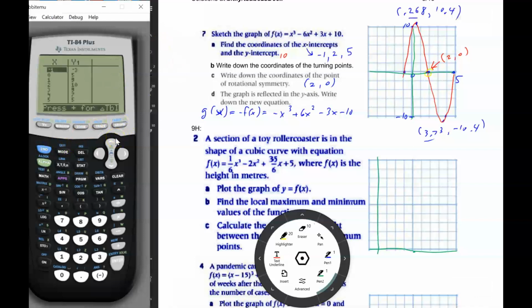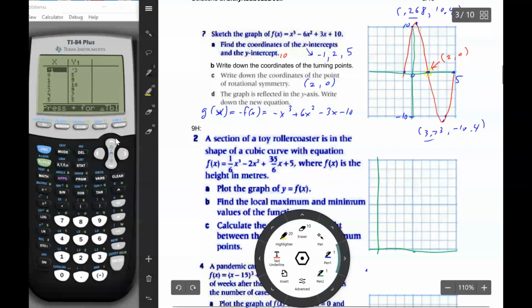So for example, negative 1 comma negative 3, that's off my screen, right? It's down here. 0 comma 5, that's here. 1 comma 9, that's here. 2 comma 10, that's here. 3 comma 9, that's here. 4 comma 7, that's here. 5 comma 5, that's here.